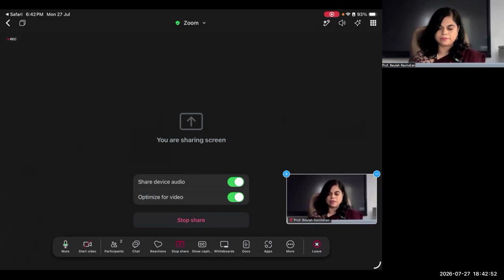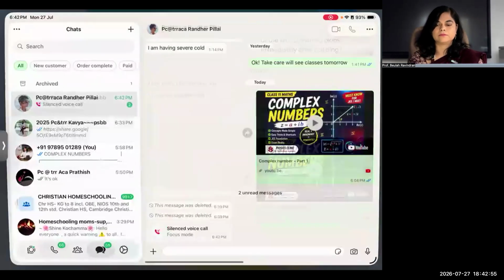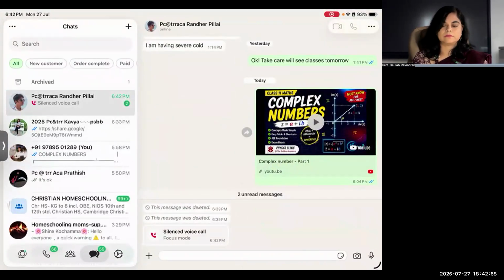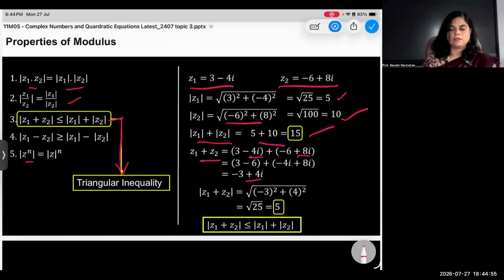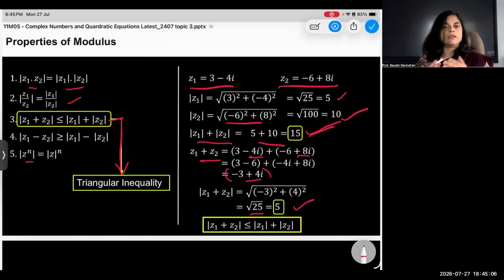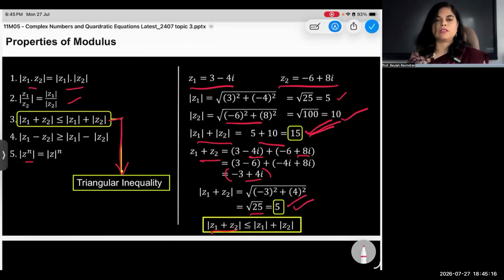So after simplifying this, find the modulus. And see, there is a difference between these two. So definitely Z1 plus Z2, the whole modulus, will be less than Z1 modulus plus Z2 modulus separately.